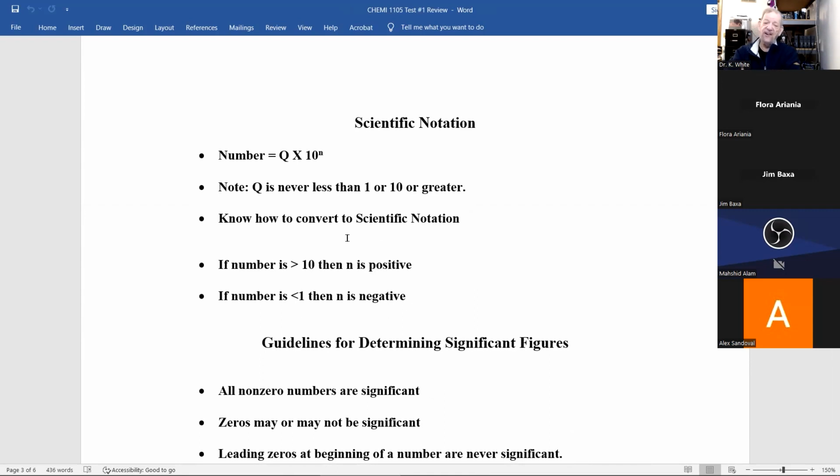If it is, you've done it wrong. And you should know how to convert to scientific notation. Remember, if the number is greater than 10, n is positive. If it's less than 1, n is negative.